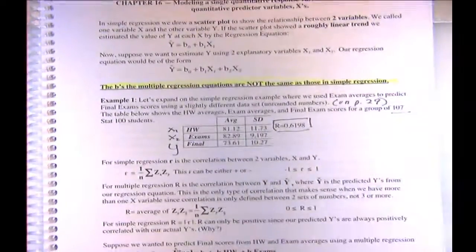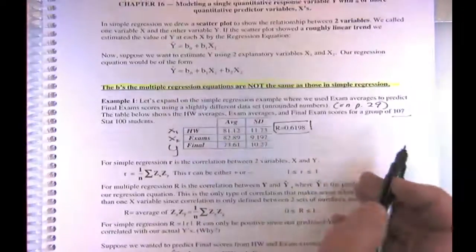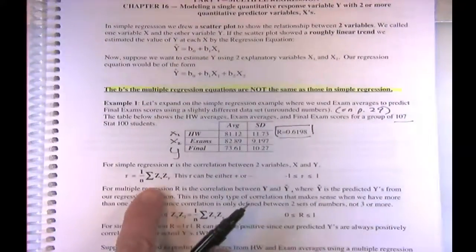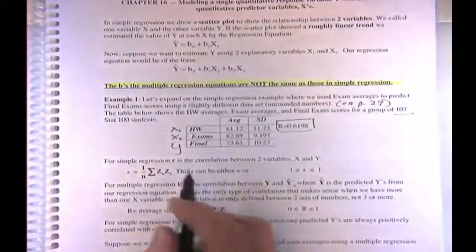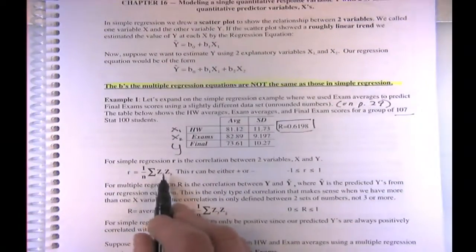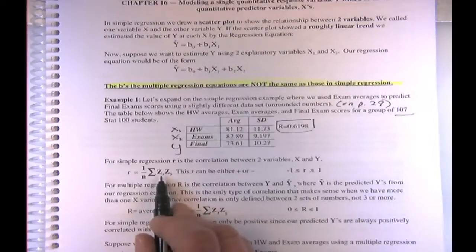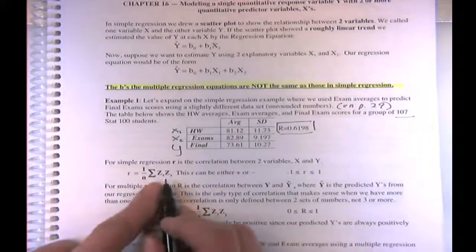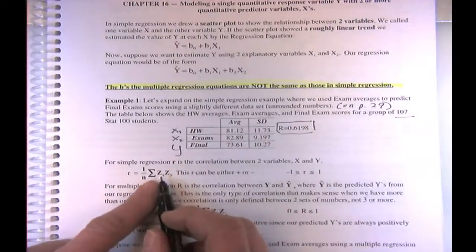Because so far, correlation coefficients are only defined on two sets of numbers, right? As, for example, for this 107 students here, each student we would convert to a z-score. If a student was exactly at the average, for example, for exams, the z-score would be 0, all right?